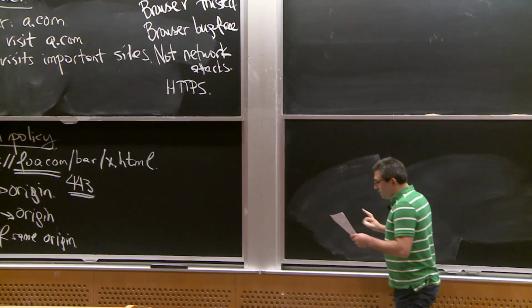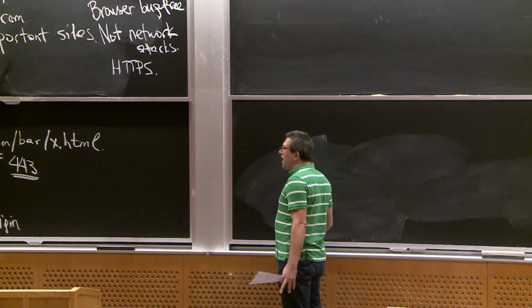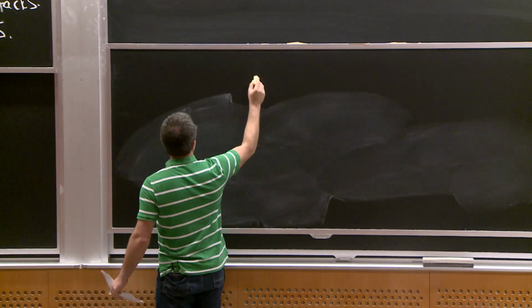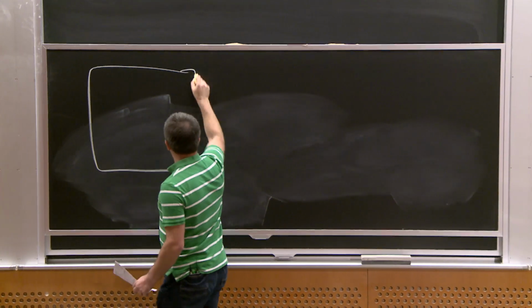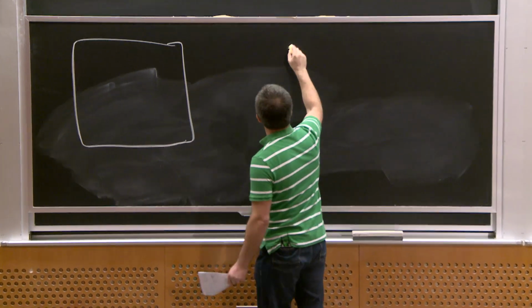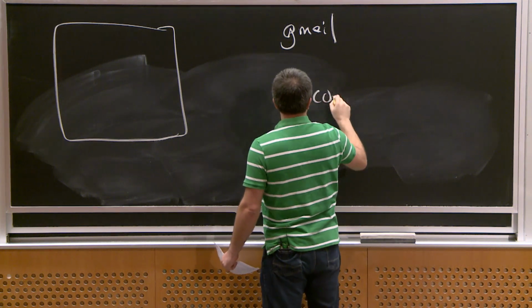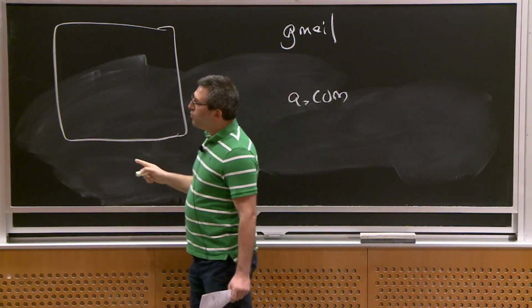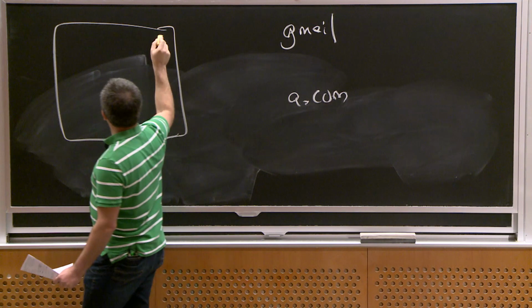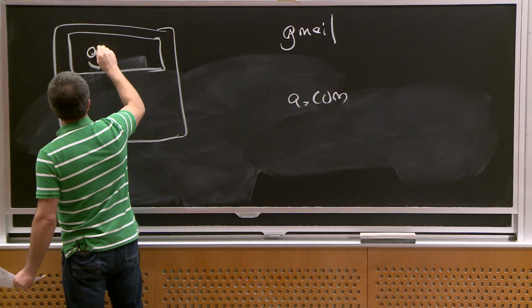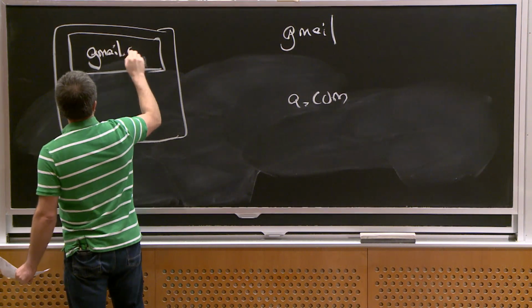All right, so let's look at what this is trying to achieve, in the terminology of our picture, where we had all these sites sitting on the right. We had Gmail and probably attacker.com. And our browser, in order to keep these guys apart, is going to create two origins here. So one origin is going to be the origin for gmail.com.